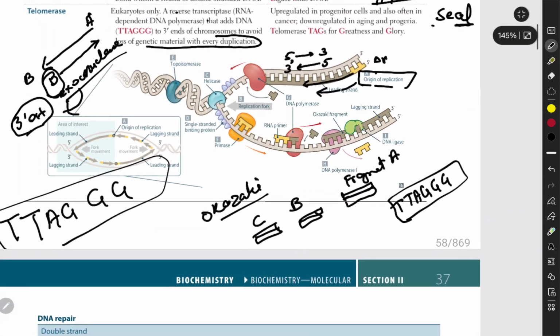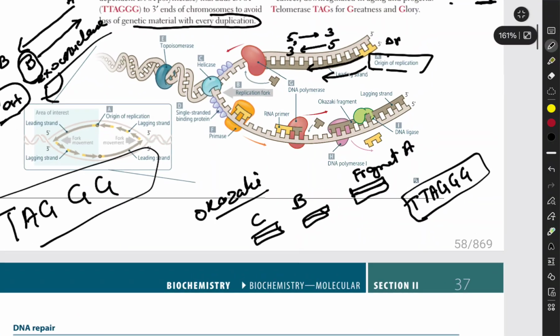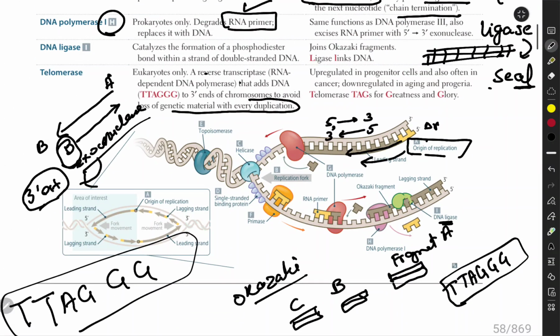So if we go over the diagram just for the sake of it, the DNA ligase here seals the strand. Then we have DNA polymerase 1 over here, which basically degrades the RNA primer. Then this is the origin of replication. There is the synthesis of the leading strand. We have DNA polymerase, which adds nucleotides after the RNA primer, and it synthesizes in the 5' to 3' direction.